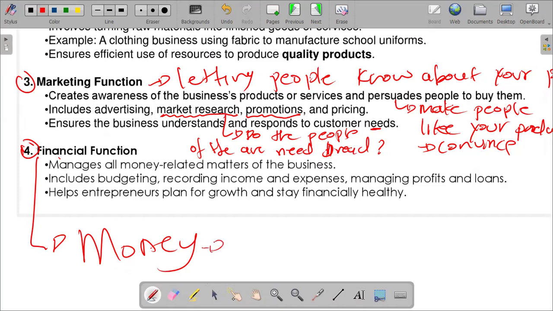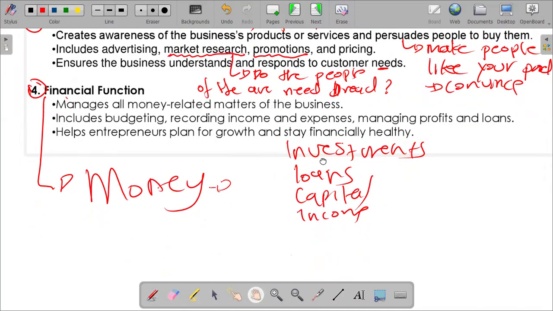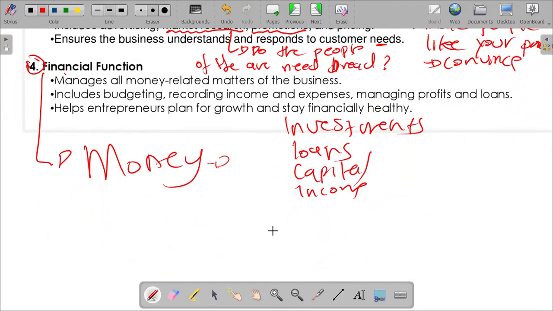So it says here, one, the entrepreneur will manage all money-related matters of the business. So depending whether or not Mduduzi gave that power to the manager or himself, but this person will manage all money-related matters, which can be investments, it can be loans, it can be capital, it can be income, it can be what?